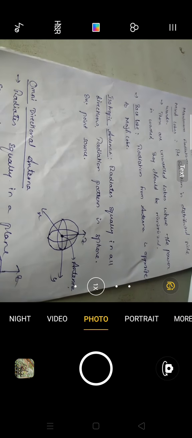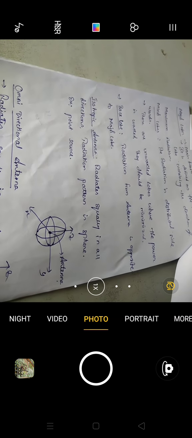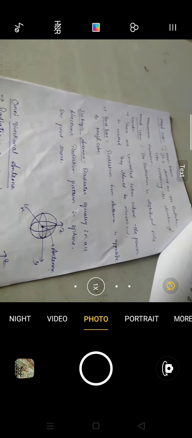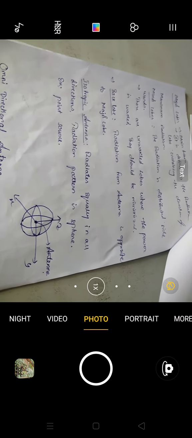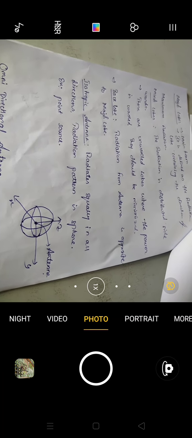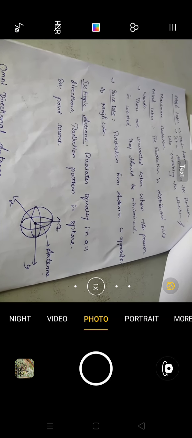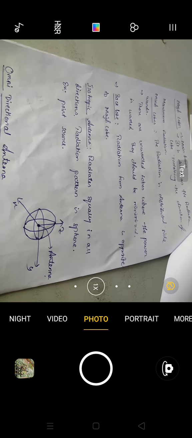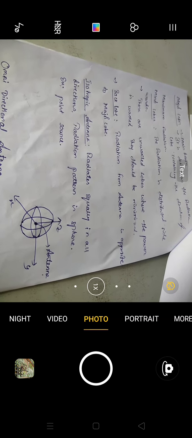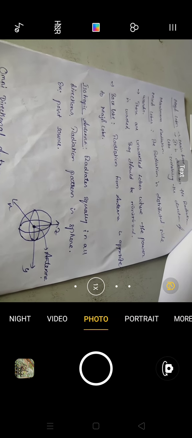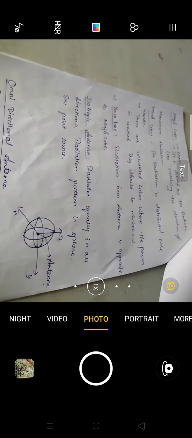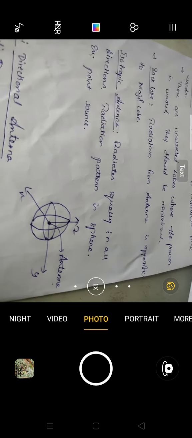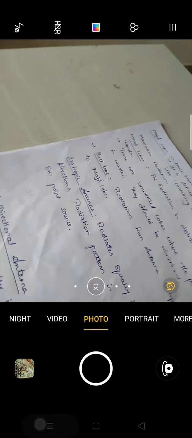I repeat again. The radiation radiated by the antenna is equally distributed in all the directions, so the radiation pattern formed is a sphere. An example is a point source. Understood?